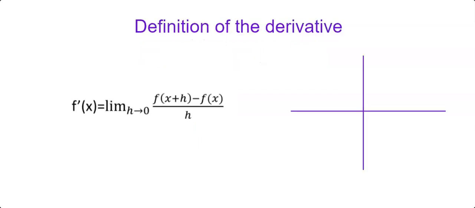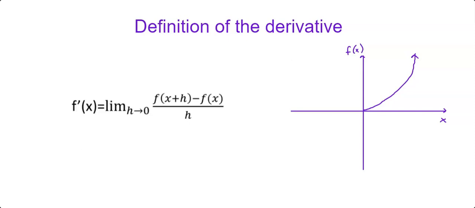Okay, first of all, the definition of the derivative. So if we have some function, and it doesn't have to necessarily look like this, but some function f of x, let's say it looks kind of like that. There's x, and there's the function evaluated at x, also called the y.